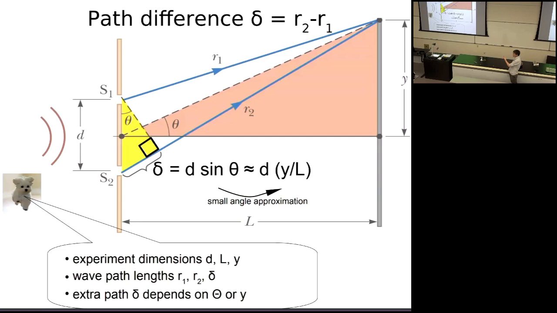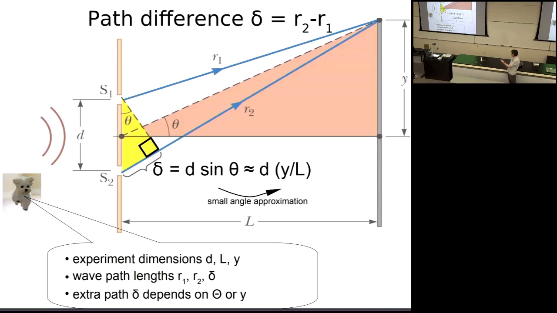One of them's nearer, one of them's further away. And the amount by which the distances are different, I called it delta here. So R1 is the length of the line from the top slit to the screen. R2 is the length of the line from the bottom slit to the screen. They are different depending on where you are on the screen. That difference, I called it delta.